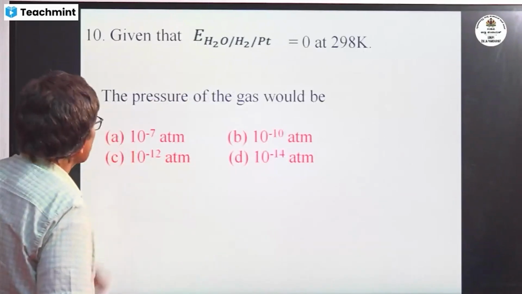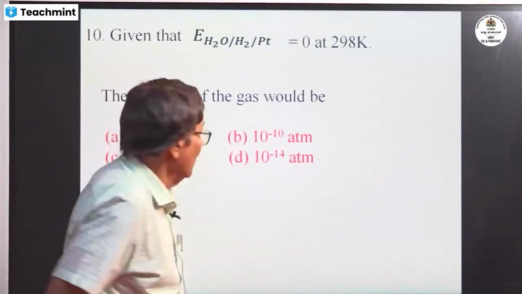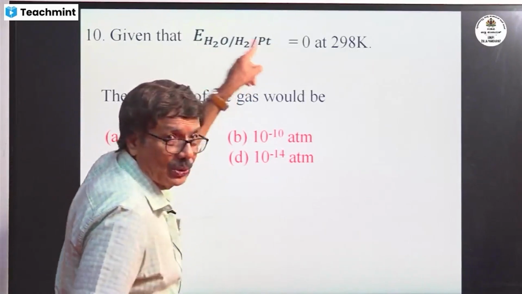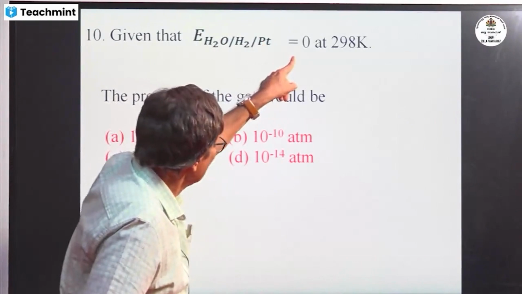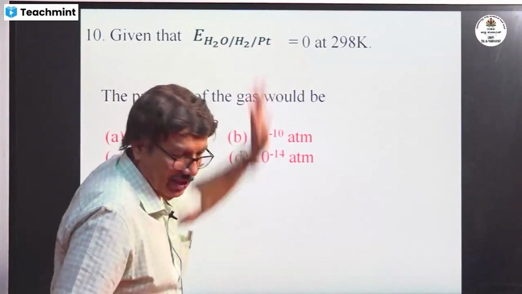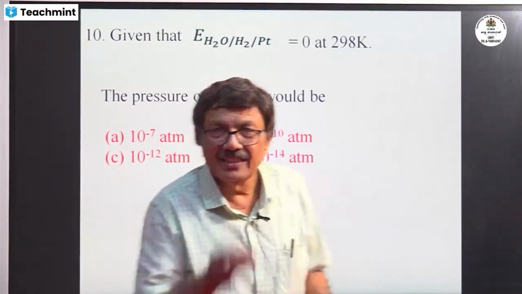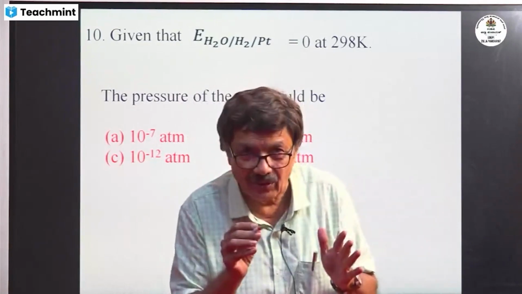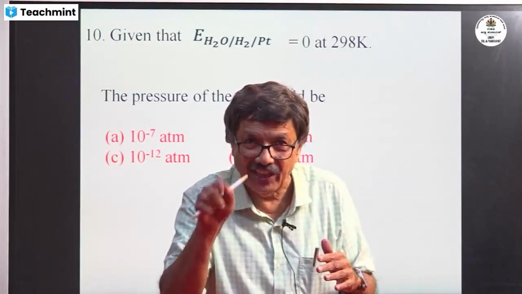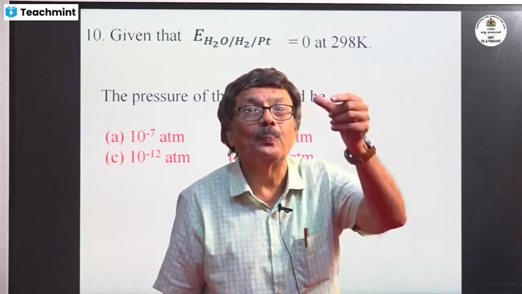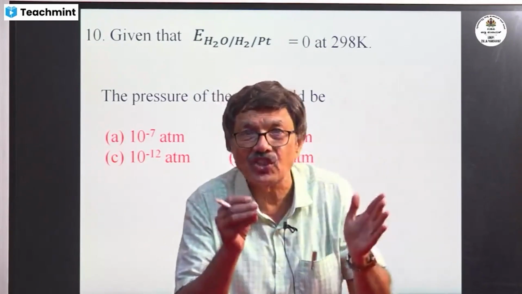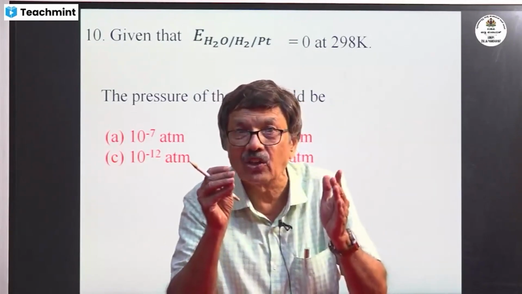Next. See here, given the hydrogen electrode, its electrode potential is 0. Generally, the hydrogen electrode is a reference electrode and its potential is taken as 0. It is dipped in 1 molar HCl, a solution containing 1 molar hydrogen ion.